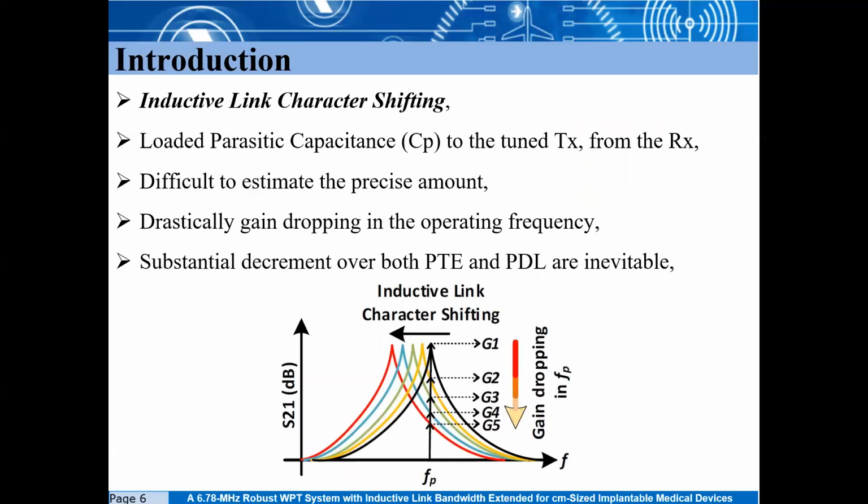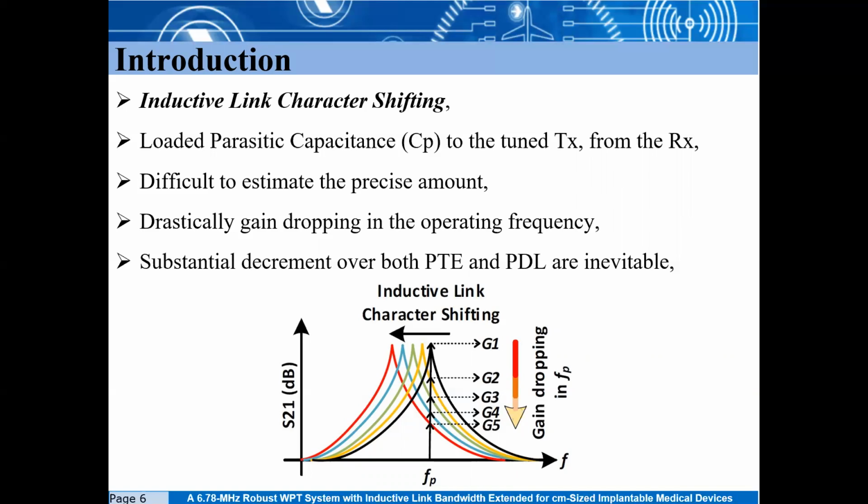In the various applications of implants, the inductive links are optimized to result in a promising WPT system. Despite its strong literature, the inductive link suffers from a critical issue that has not been addressed precisely.